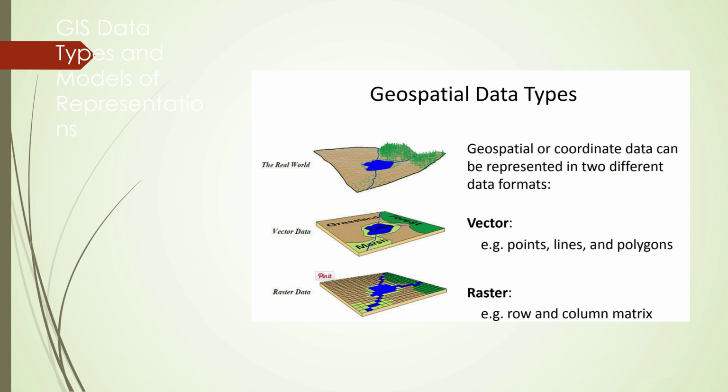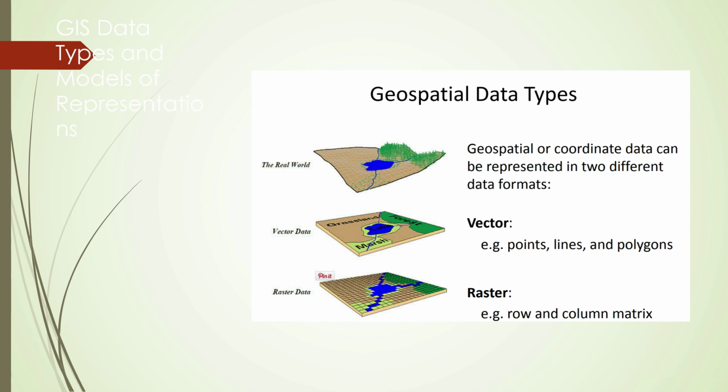call cartographic primitives. Why do we call it cartographic primitives? Human beings have discovered that you can actually represent anything on the surface of the earth as point, line, and polygon.